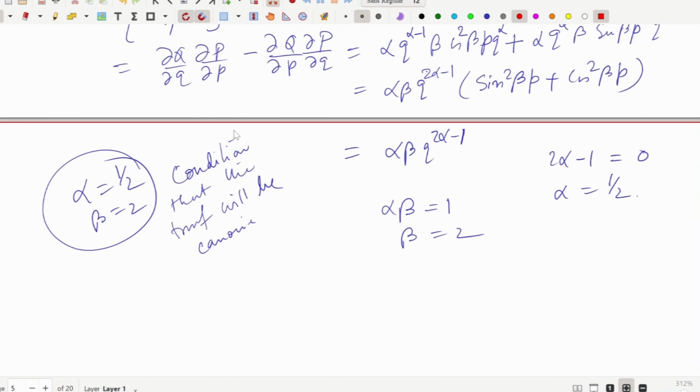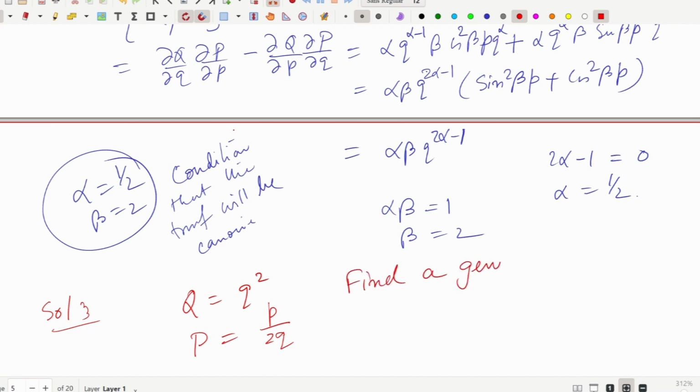Okay. So, let me write again. So, this solution 3, this was small q equal to q square, capital Q equal to q square, capital P equal to p by 2q. So, find a generating function. You have to remember the various types of generating functionals and the equations to solve this problem.